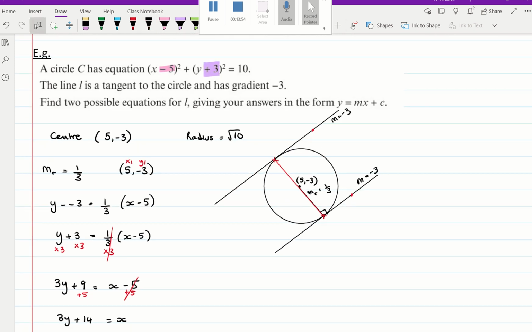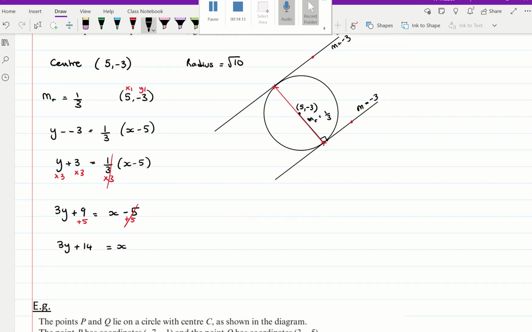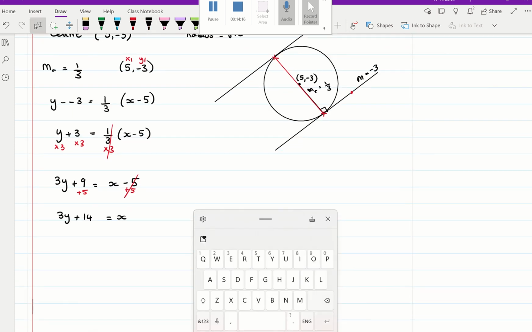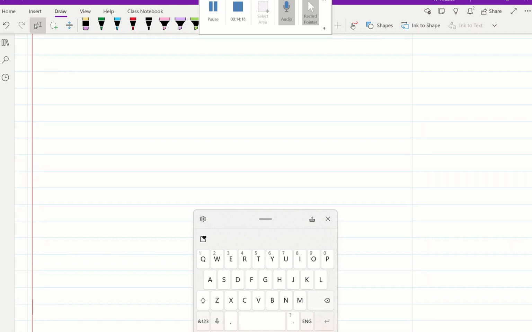And I'm going to substitute that in to solve effectively a simultaneous equation. I want to know the two points where the diameter cuts the two tangents. So I'm going to substitute into the x there. This x is now 3y plus 14. So let's create a bit more space. That's going to be a long question.